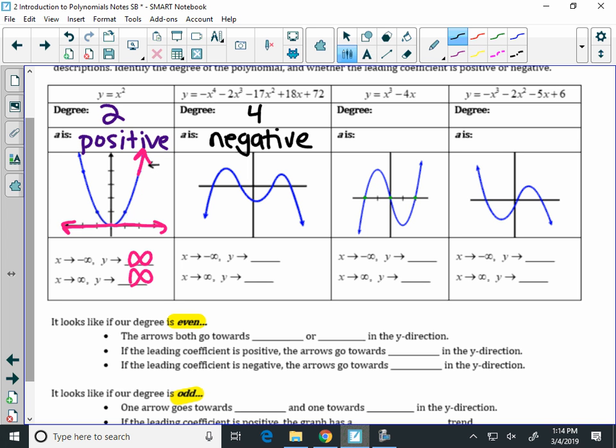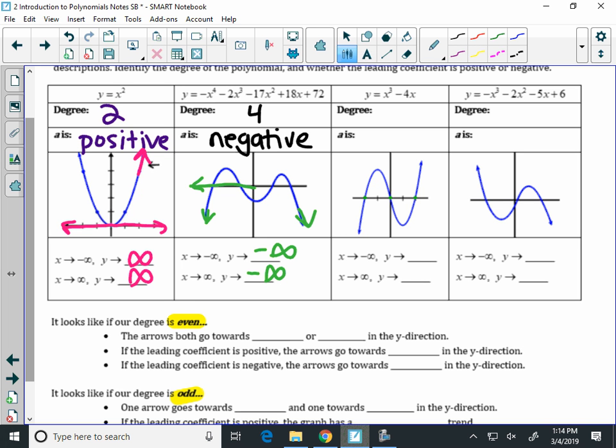So here, as x goes towards negative infinity out to the left, where's the arrow going? Going down towards negative infinity. And as my arrow goes to the right this time, where's the arrow on the right going? Negative infinity.